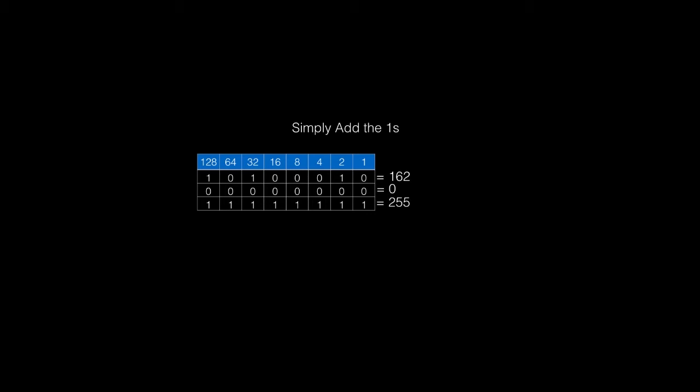The next row down has all zeros. There's nothing to add, so that equals 0. The row under that has all ones, so you add all of them. That turns out to be 255. Again, 0 to 255 is the range of numbers you are going to have in any octet.